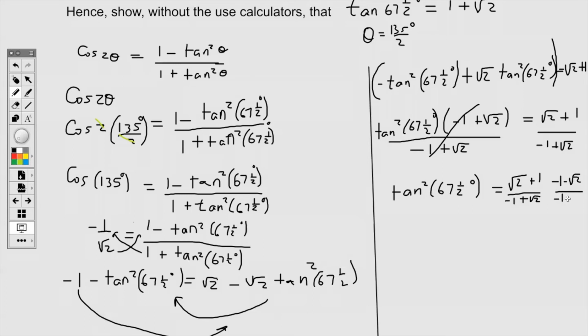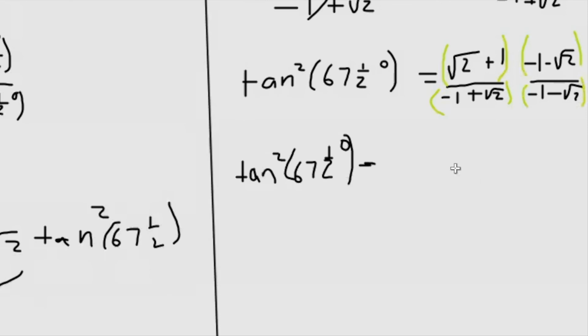So multiply the numerator and the denominator by the conjugate of this, so we're still calculating what is tan square 67 and a half. Now in my numerator, multiplying root 2 times minus 1, that's minus root 2.